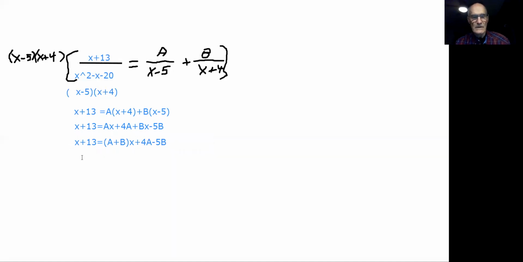So I have 1 equals A plus B. And then the other equation, since this 4A minus 5B is my constant term, and I have 13 here, says 13 equals 4A minus 5B.